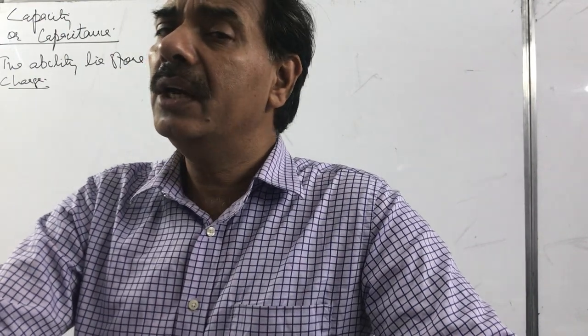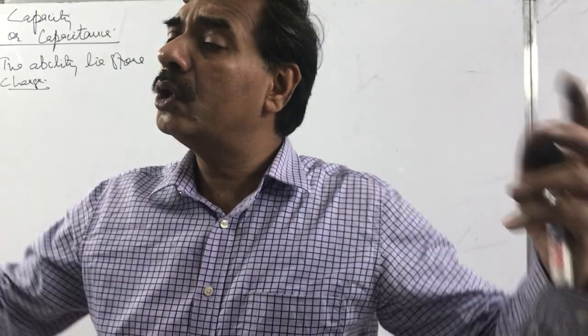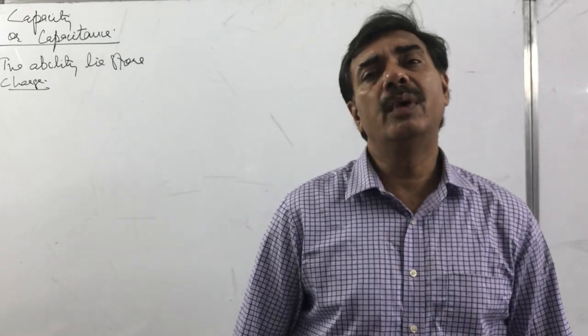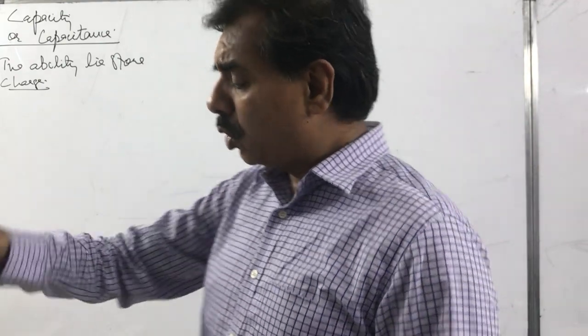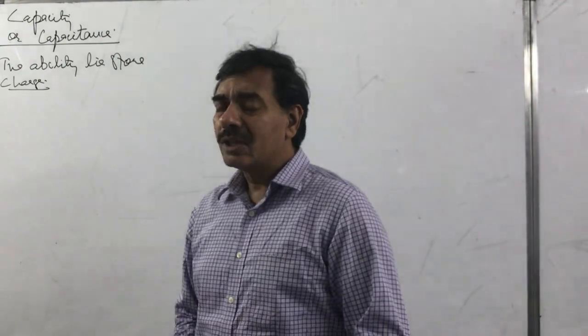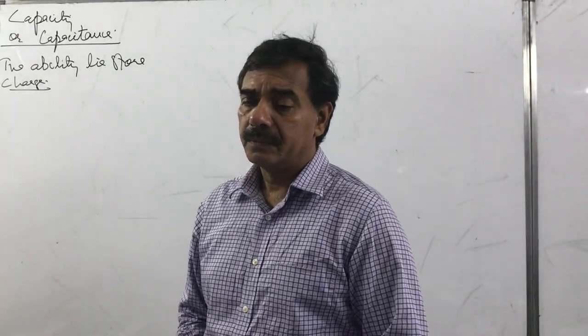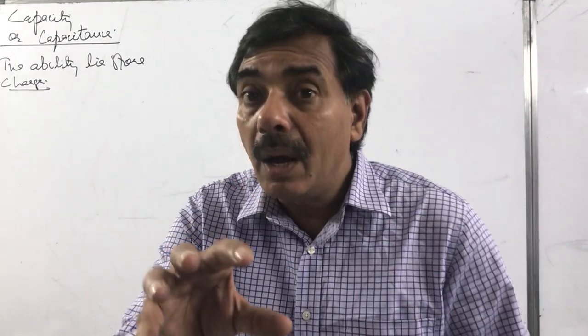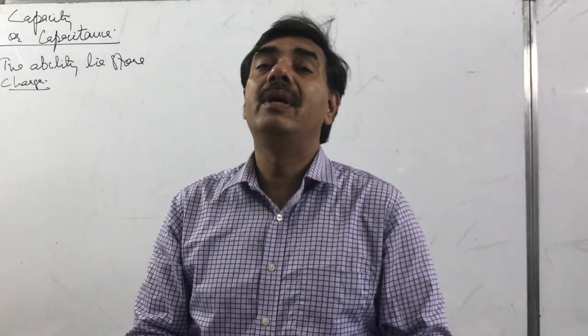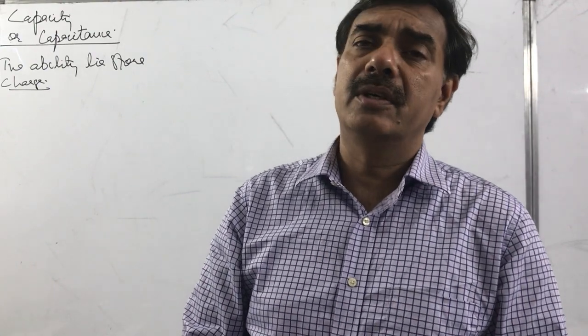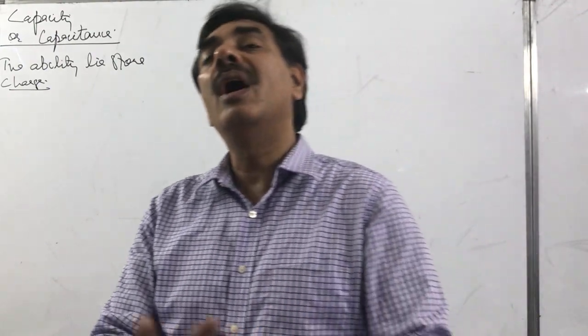Whether it is empty or filled, it will be 200 ml. It will depend upon the shape and size. Coming to electrostatics, the capacity, the ability to store charge will depend upon the shape and size and not on the amount of charge.